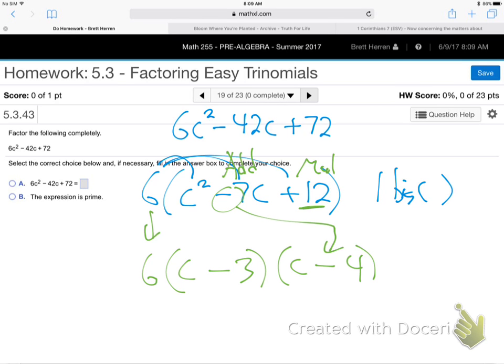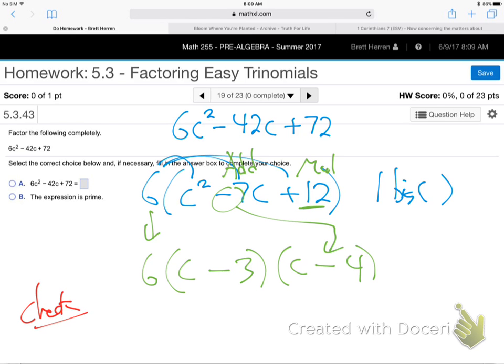No questions? Yes, if you want to go back to the beginning and check it, you multiply the parentheses and then times 6. Yeah, if you wanted to check it, here's how you would check it.